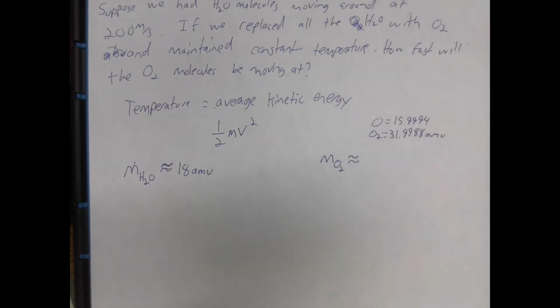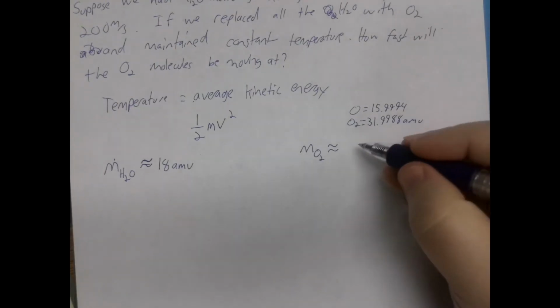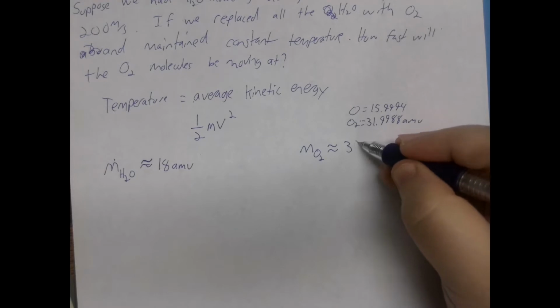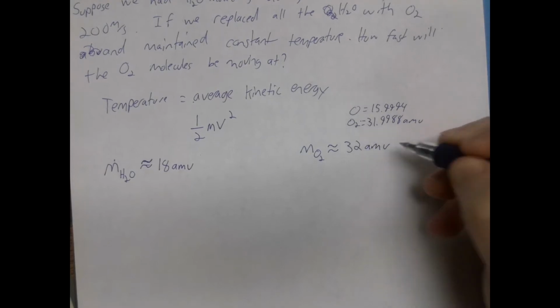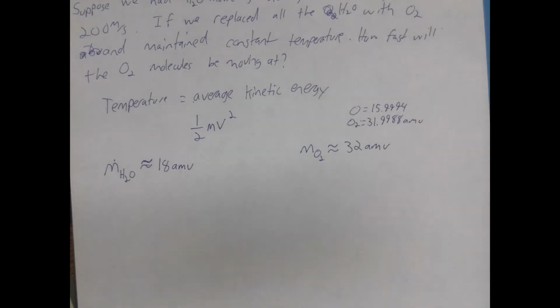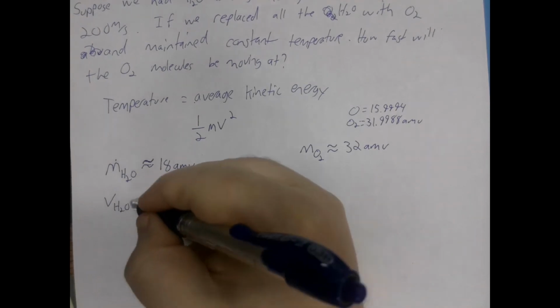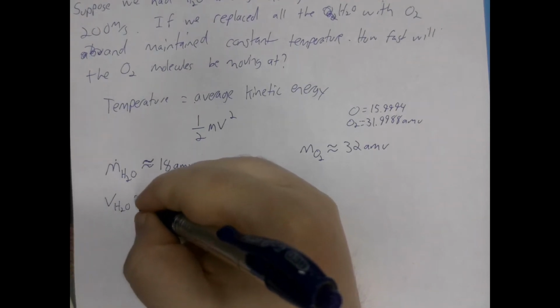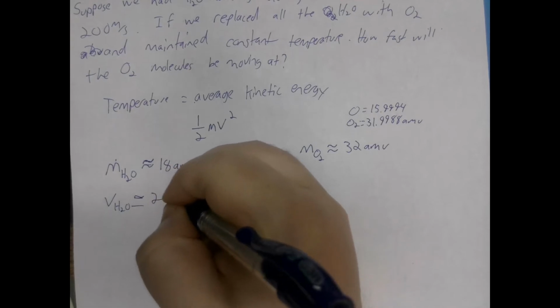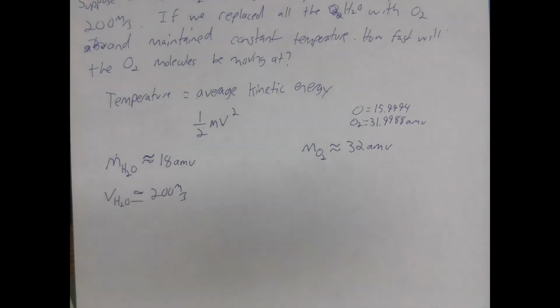But since I'm working this out as an example, I'm going to round it and say it's approximately equal to 32 AMUs. We know that the velocity of an H2O molecule is equal to 200 meters per second.